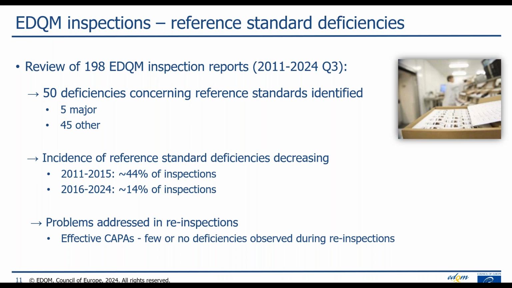So it's currently at about 14% of our inspections where we would find a deficiency on this topic. And also just to mention, if there are re-inspections conducted, the problems do tend to be addressed by the companies, which would indicate effective CAPAs being implemented to address our previous findings.